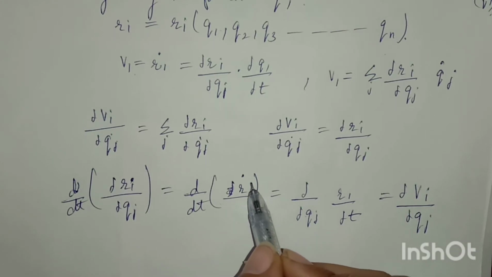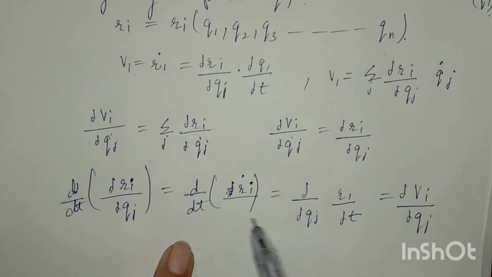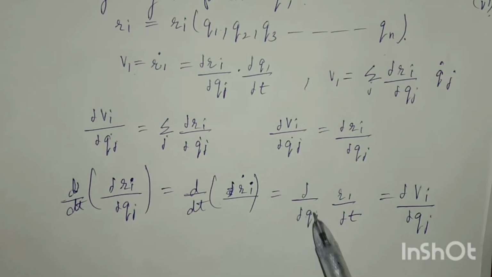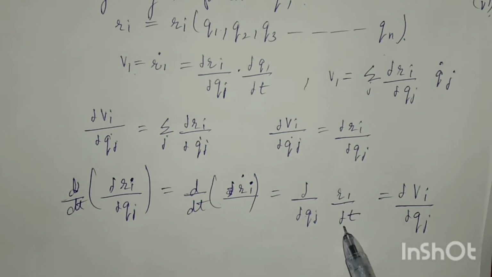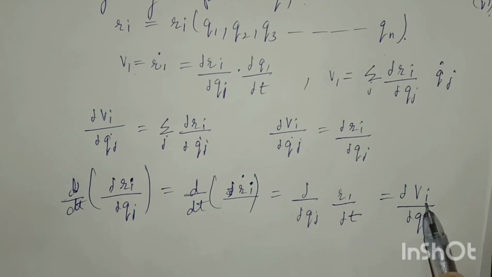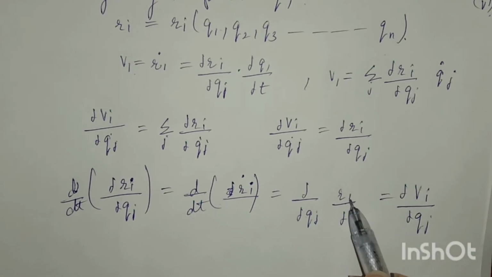So we write the same here. Now ∂/∂q_j of ∂r_i/∂t is equal to ∂V_i/∂q_j. The net velocity is equal to all this equation.